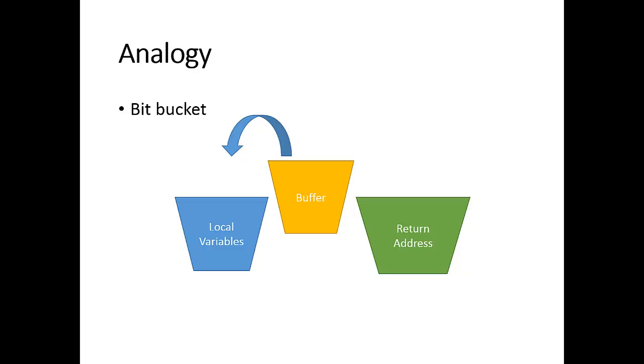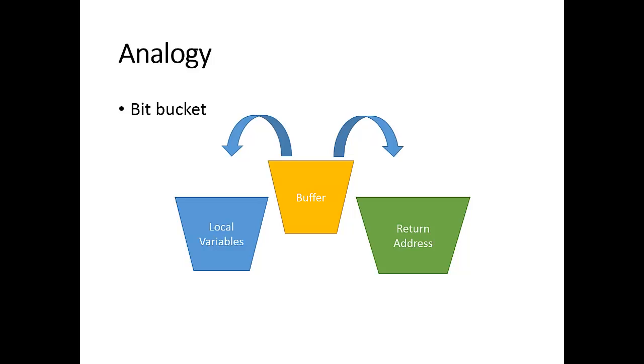Another thing that can happen is the bits in the buffer bit bucket can overflow into a bucket containing a return address of a program thread of execution. And what could happen is, instead of going to the next line of code that's supposed to be executed, you can change the flow of the execution of your program and go to a particular line of code you want to execute as a malicious user.